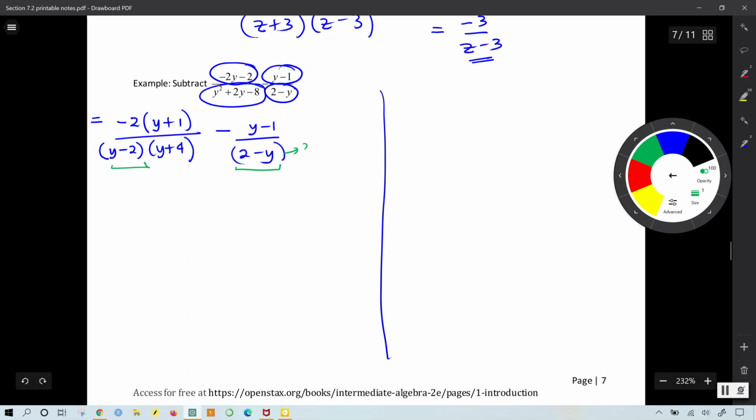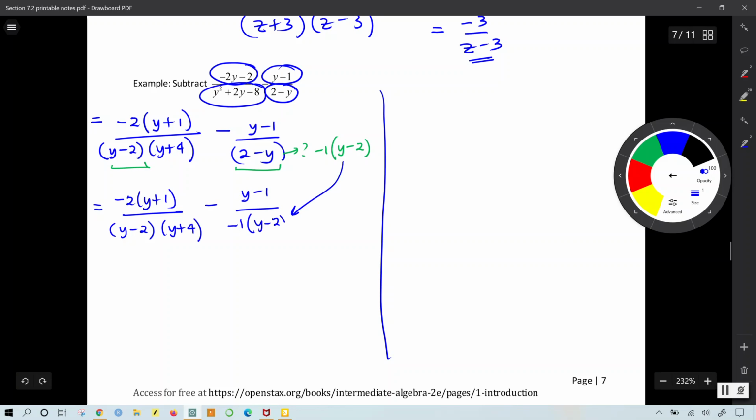These can be rewritten as negative 1 times y minus 2. Do you recall? So, in which case you have negative 2 times y plus 1 all over y minus 2 times y plus 4, minus y minus 1 all over negative 1 times y minus 2. And so we anticipate that in the next step, this negative and negative will blend to become positive. And so that's what we have exactly.